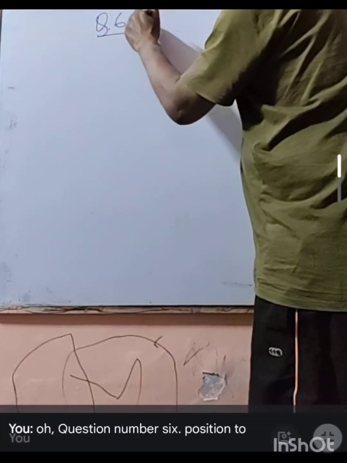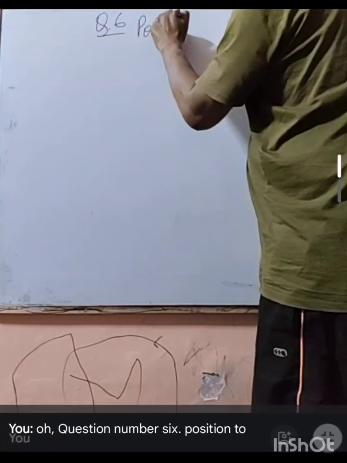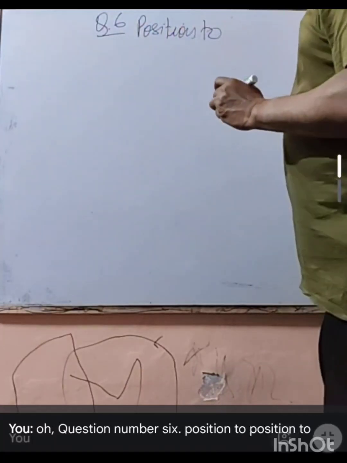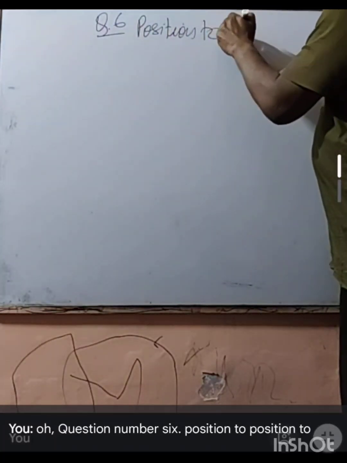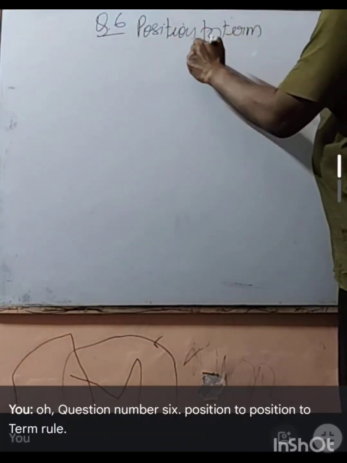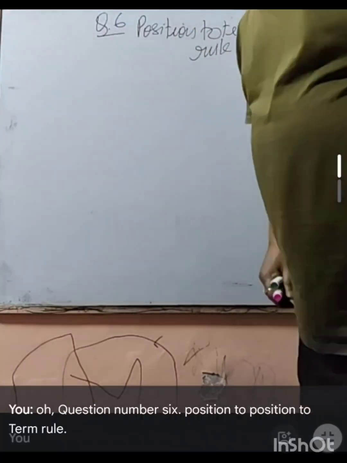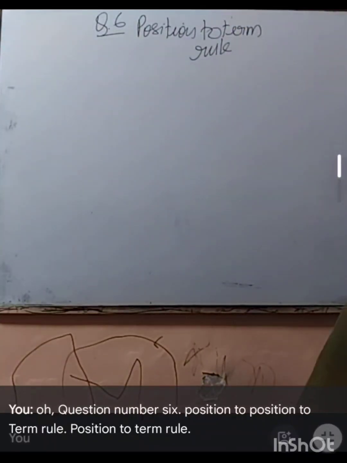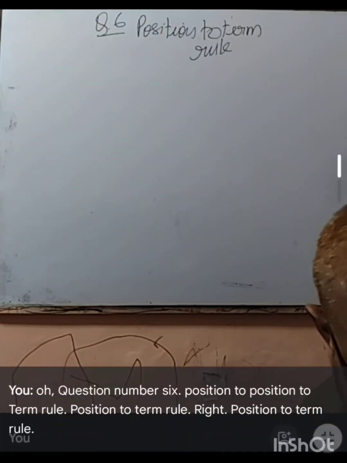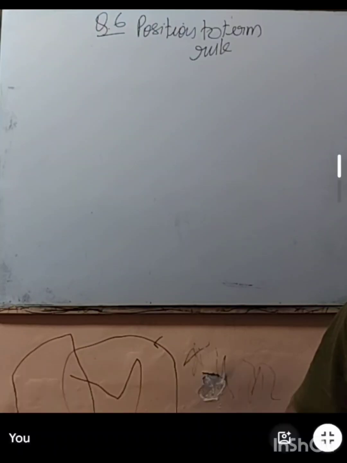Position to term rule, right? How do you do this?